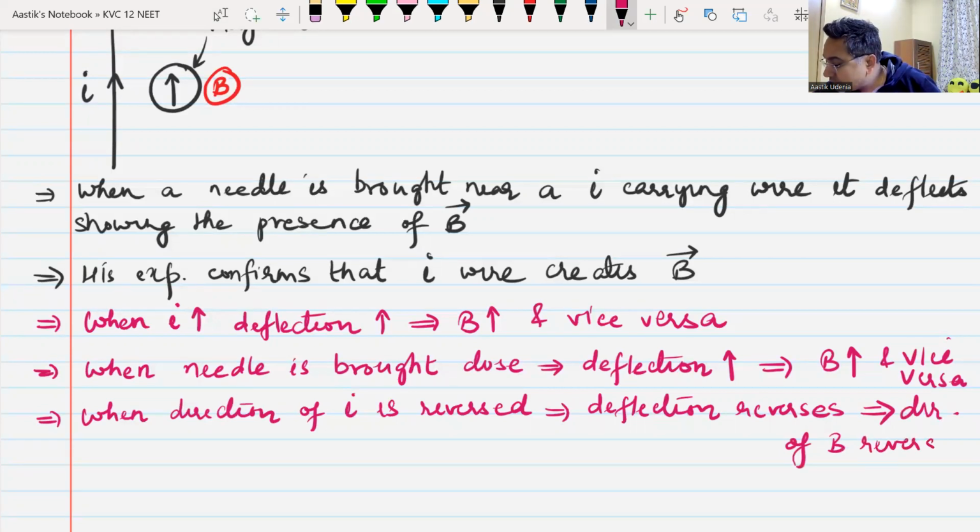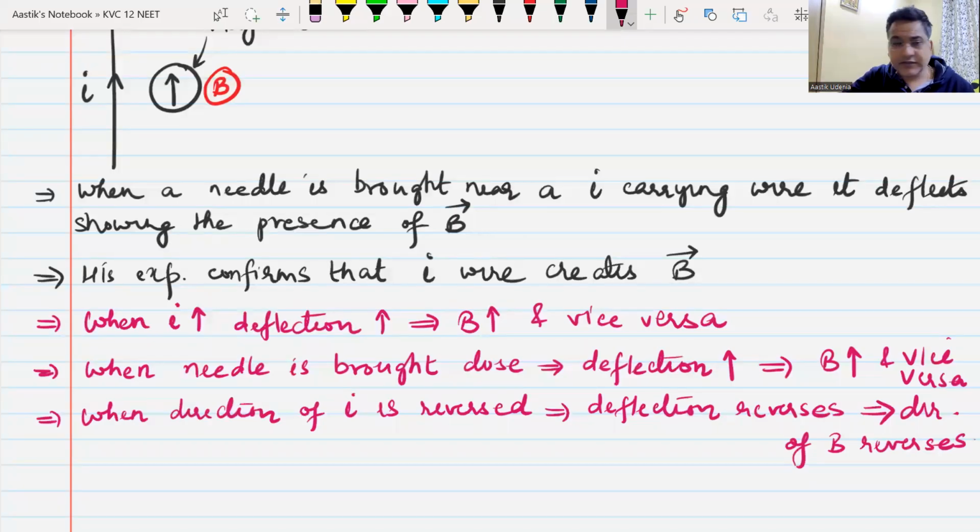So this was the Orsted experiment, and these were the observations from the Orsted experiment. I'll give you 2 minutes so that you can note them down.